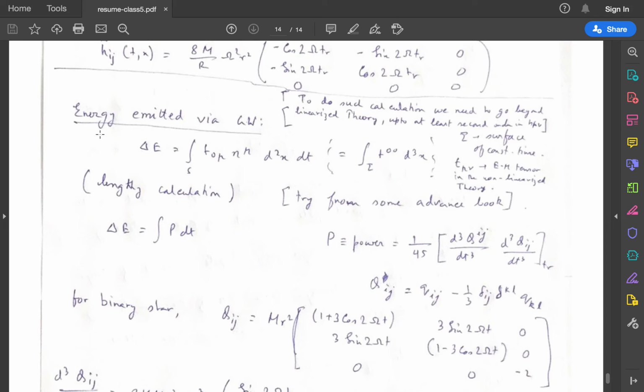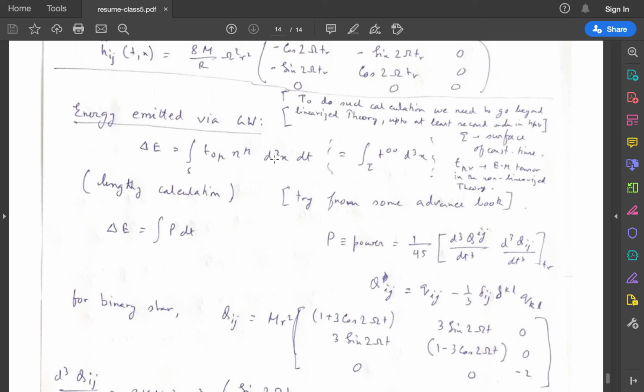However, to have energy emission, T mu nu should be a function of time, and it should be proportional to the perturbation h mu nu. So we have to go at least one order higher in h mu nu, at least the second order.